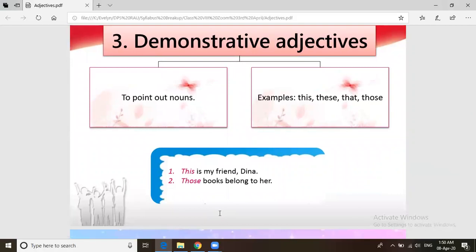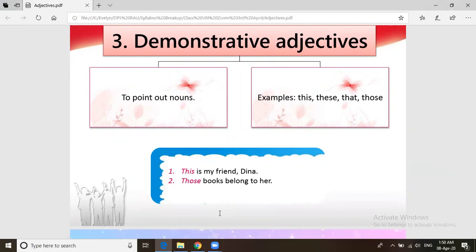The demonstrative adjectives are used to point out nouns, and there are four kinds: this, these, that, those. This and these are used for singular and plural, for things which are close to you, either physically or chronologically in time.